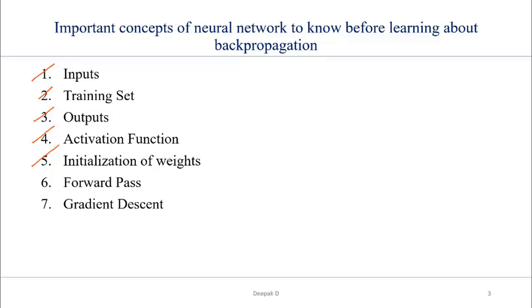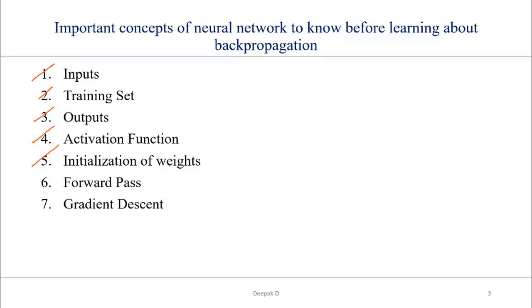Initialization of weights means setting the weights at the beginning. Before the model is trained, we have to set the weights. A typical strategy in neural networks is to initialize these weights randomly and then start optimizing from there. So this is all about the initialization of weights.